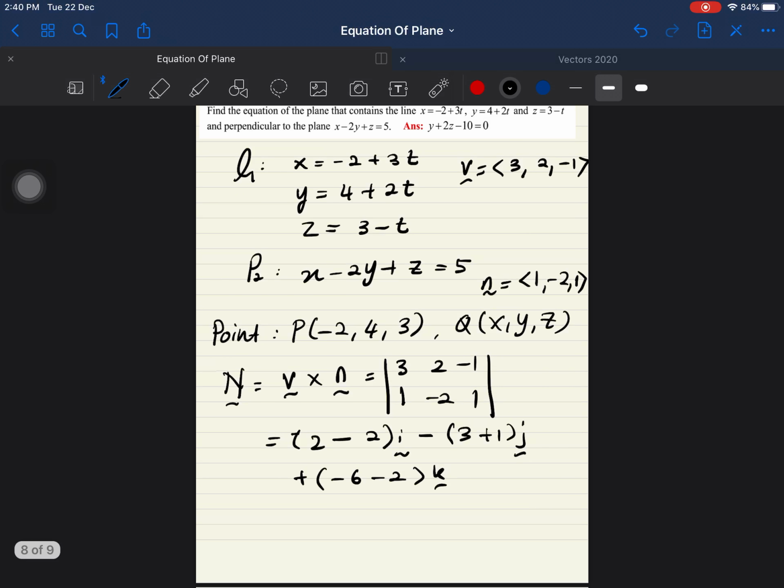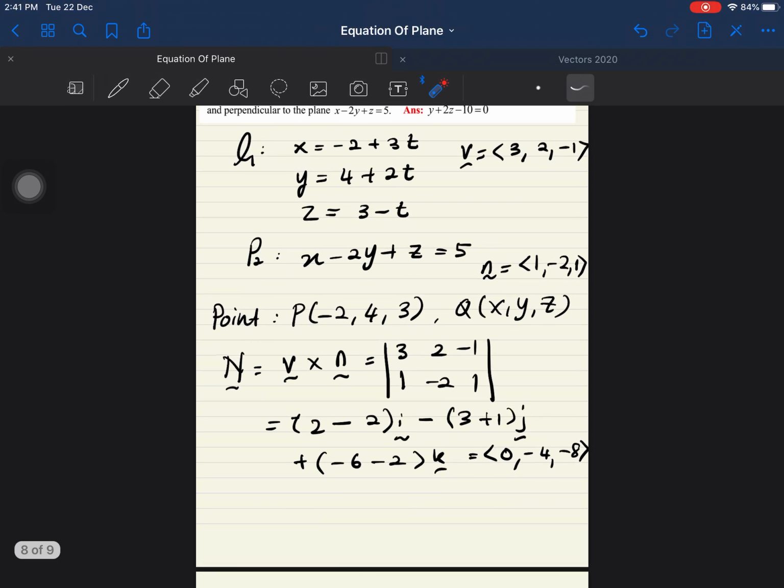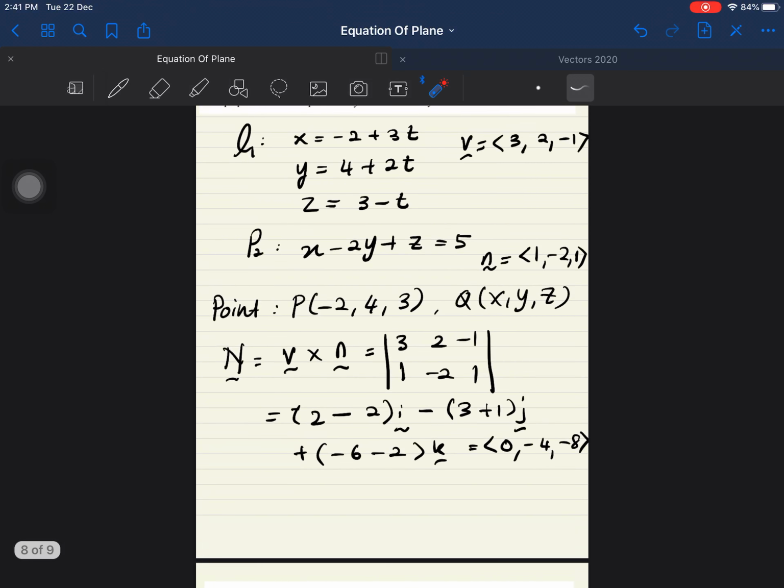Negatif 6 tolak 2 k. So therefore you will have the answer is equals to (0, negative 4, negative 8). Okay, so kalau you buat n cross V, so you akan dapat the same answer except that simbol dia ni berubah, sign dia berubah.